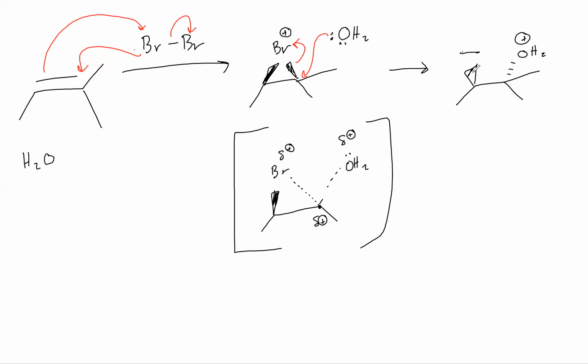So we're technically following Markovnikov, but we're treating our halogen as the hydrogen, because the halogen will go on the less substituted carbon, and then we deprotonate with our Br. We grab the hydrogen, the bond breaks, and we end up with our final alcohol product, or halohydrin product.